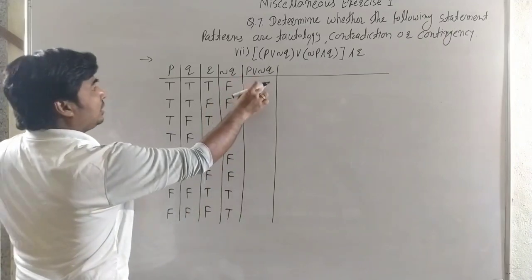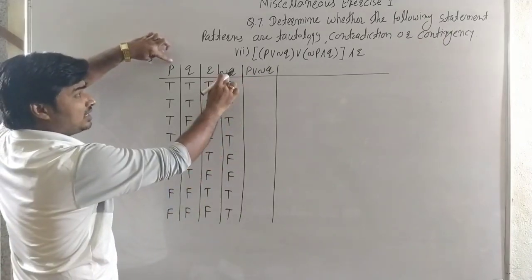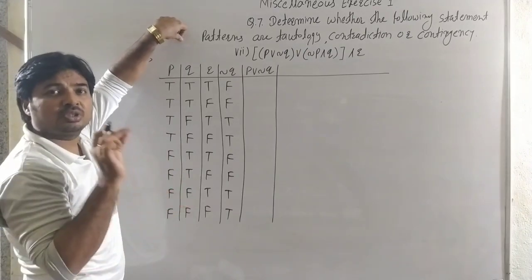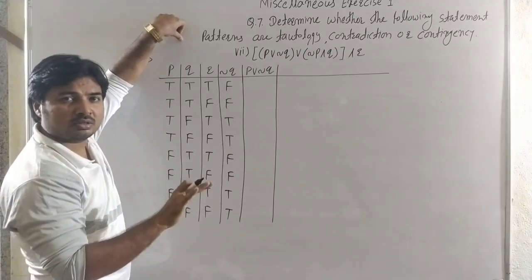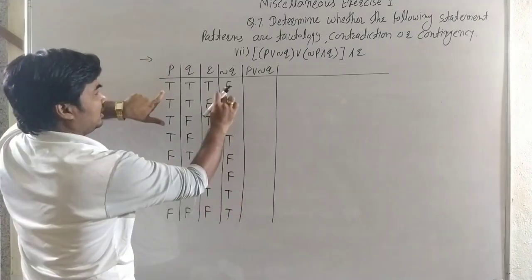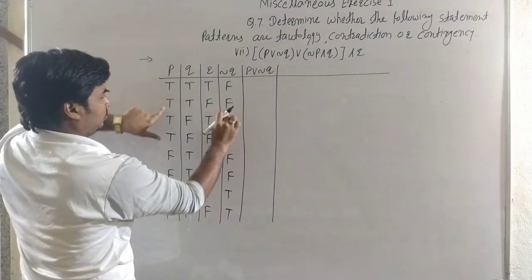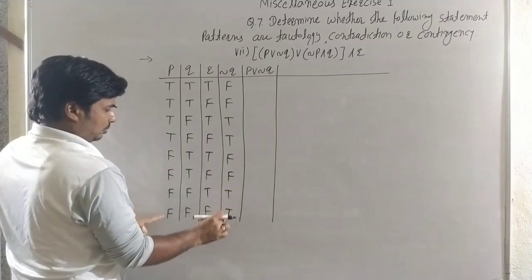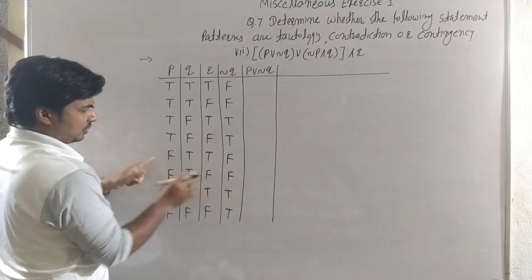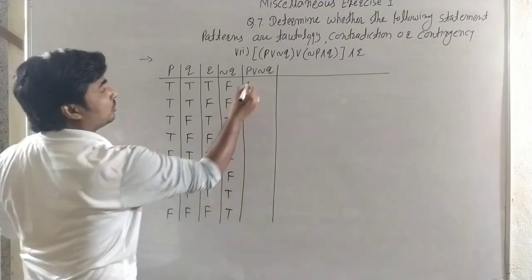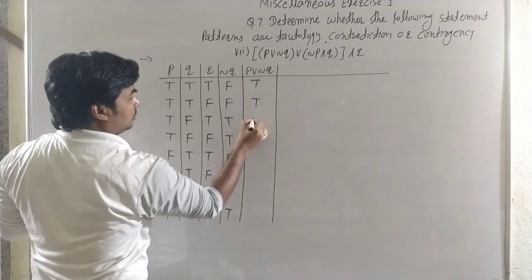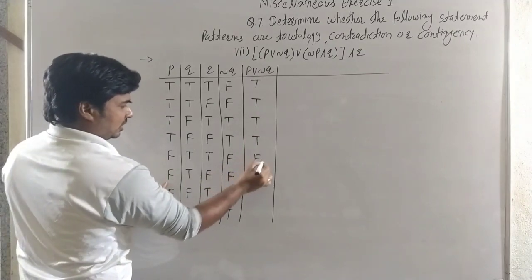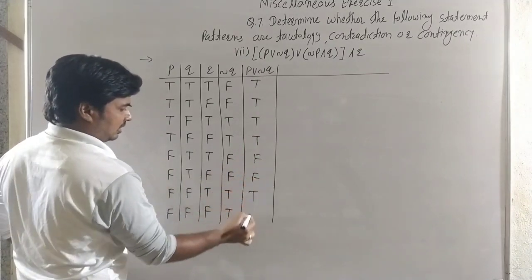Then P or negation Q: in the OR, if at least one is true, then the truth value is true. When both are false, then the truth value is false. Only the fifth and sixth are false, and all others are true.